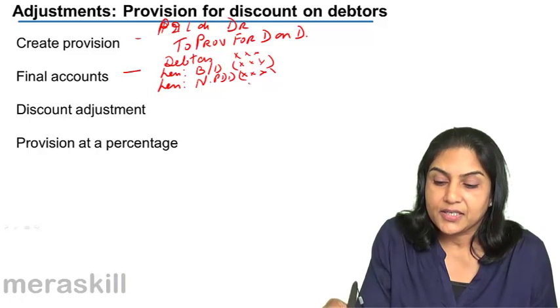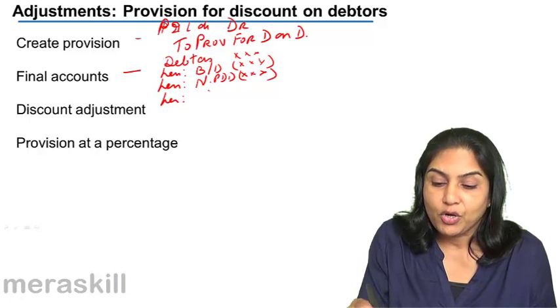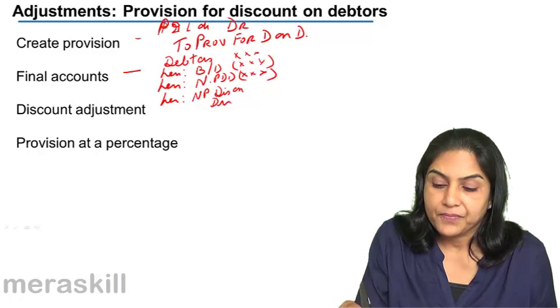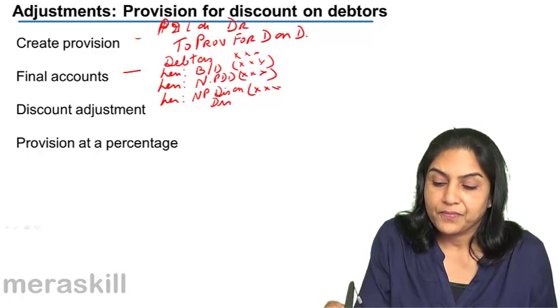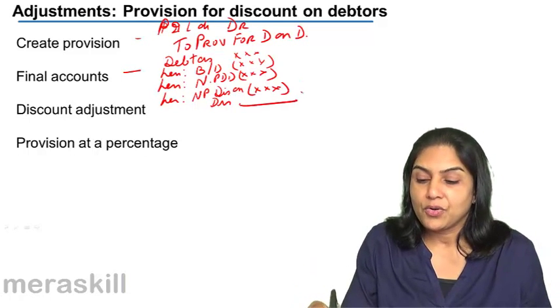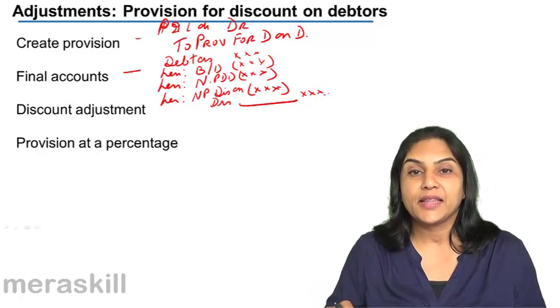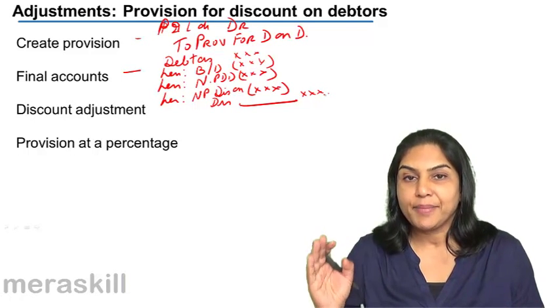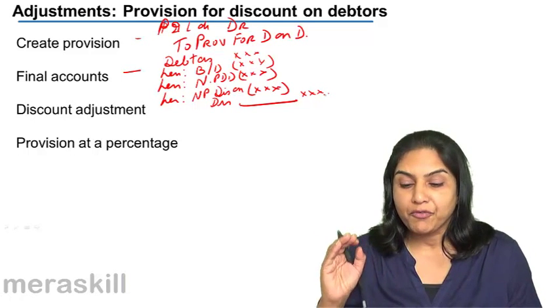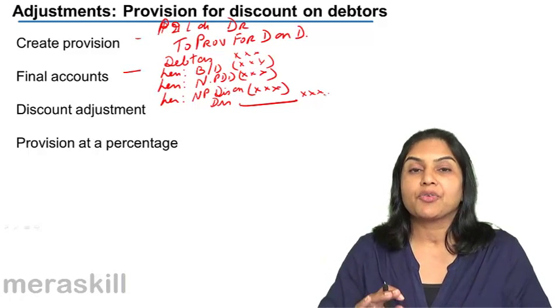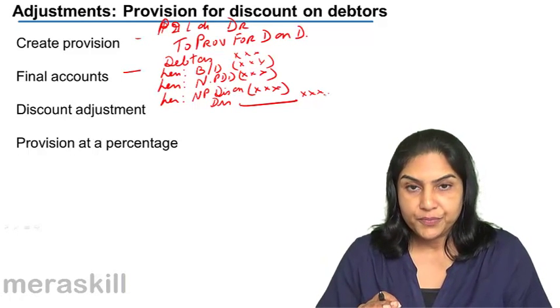This is deducted, and then we also deduct the new provision for discount on debtors. This is how the debtors would be shown finally in the balance sheet. Bad debts would be removed, the provision for doubtful debts would be removed, and the provision for discount on debtors would be removed.